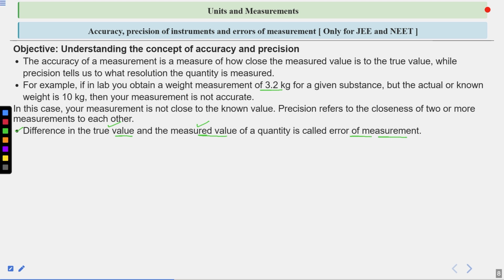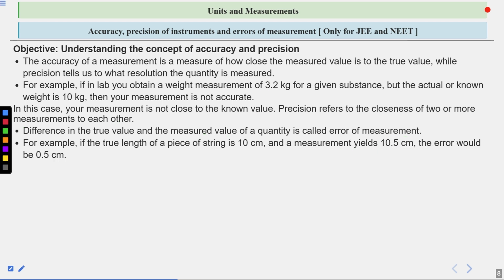So there is an error. Yes or no? There is an error. So this is known as error of measurement. For example, if the true length of a piece of string is 10 centimeter and the measurement is 10.5 centimeter, the error would be 0.5.